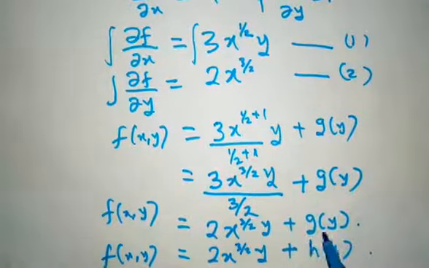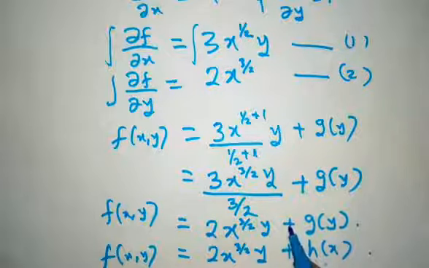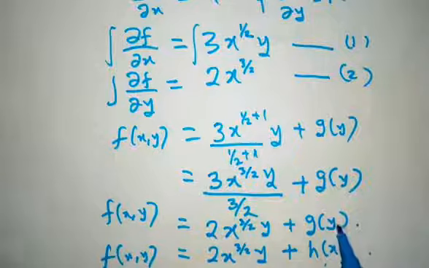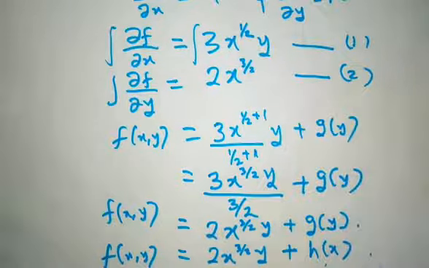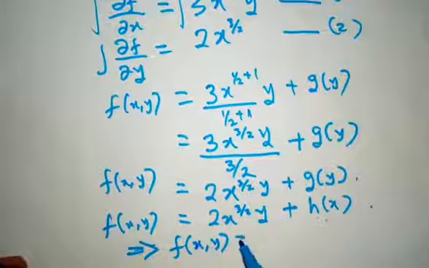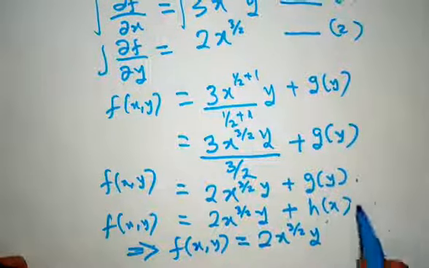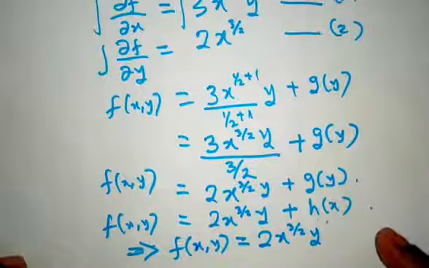So if we compare these two equations, observe that here there is no function of y alone, and also here there is no function of x alone. So it implies that both h of x and g of y are 0. So it implies that f of x comma y equals 2x to the power of 3 over 2 y, with g of y and h of x equal to 0.